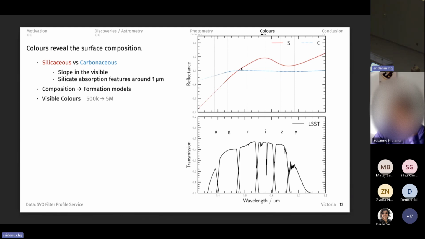In the visible, we can basically distinguish the slope and the presence or absence of an absorption band, which we associate to silicates. This way we can say whether an asteroid is siliceous or carbonaceous, depending on visible colors. And as I told you in the beginning, composition directly relates to the formation location of the object. So this is very valuable information. Right now we have some 100,000 colors. LSST, if all goes well, will give us millions of them.